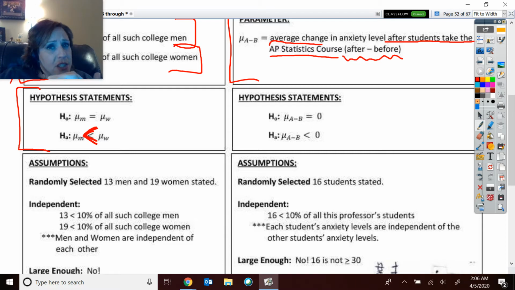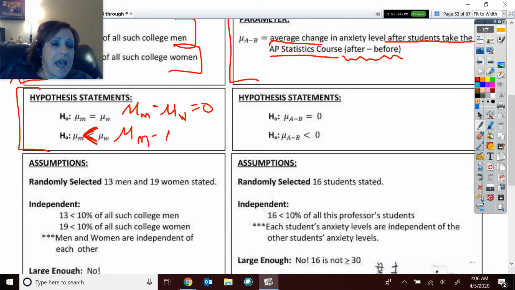So pay attention to how you're putting that data in, because the calculator will do the first minus the second. Of course, alternatively, you could have written this as the average of the men minus the average of the women equals 0 for the null, and the average of the men minus the average of the women is less than 0 for the alternative.